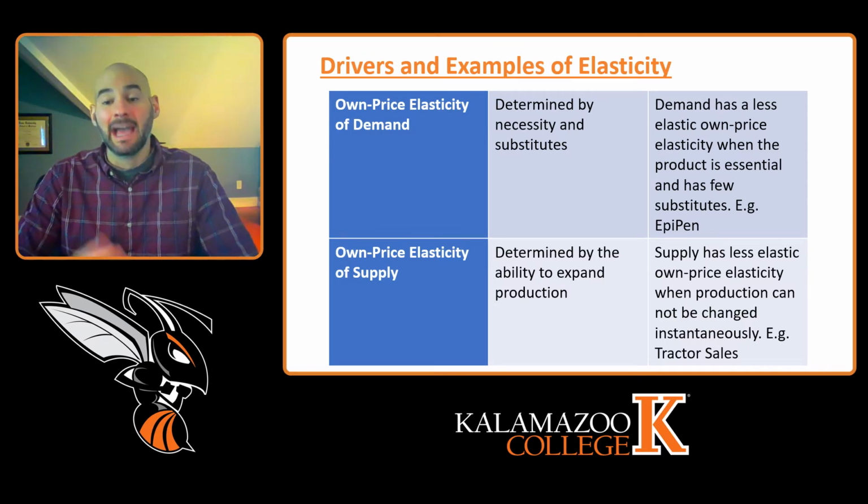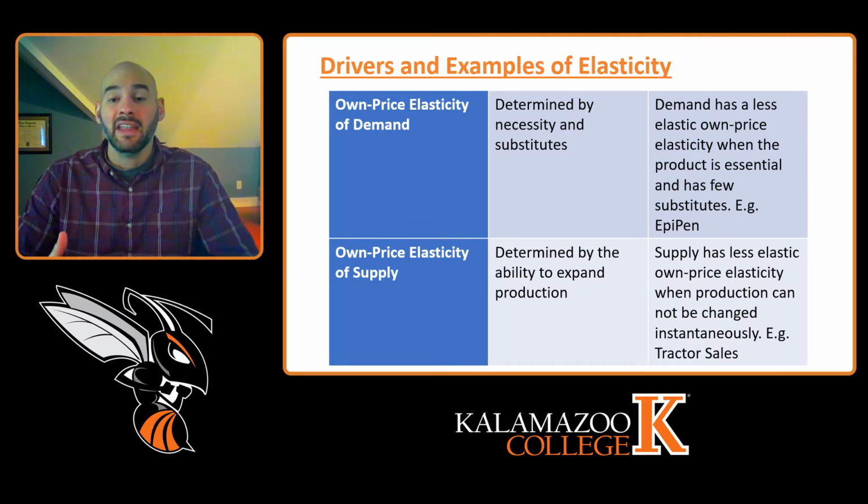The EpiPen, which is a medical device needed in response to an allergic reaction, to tide you over some of the effects of that, such as a bee sting or perhaps a peanut allergy, where your body is going to over-respond to an external stimulus, the quantity demanded of that good is going to respond less to a change in price.